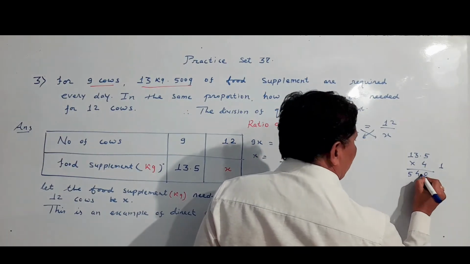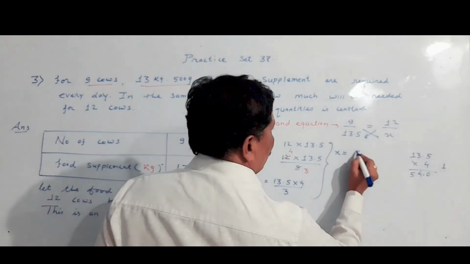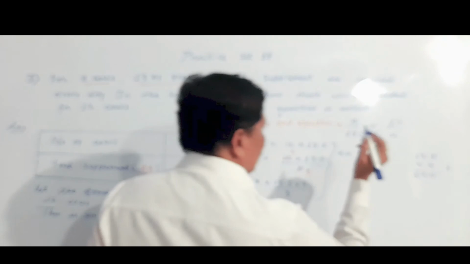After one digit there is a point. So x is equal to 54 divided by 3.